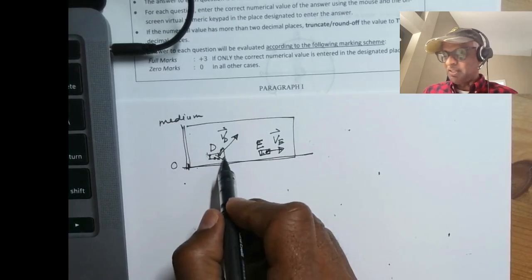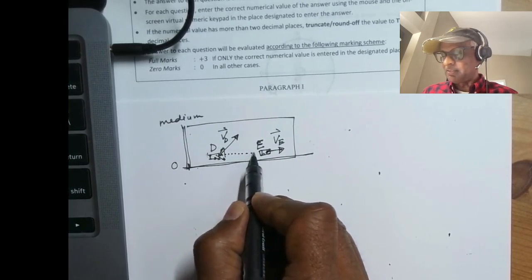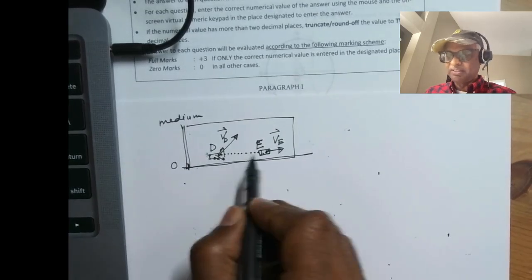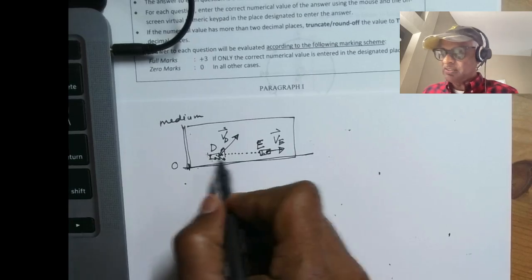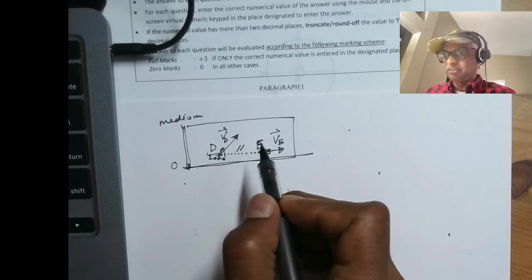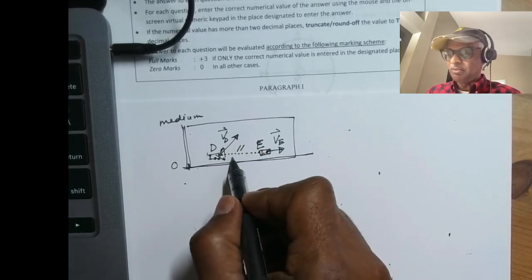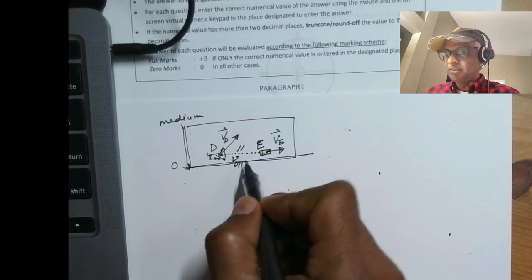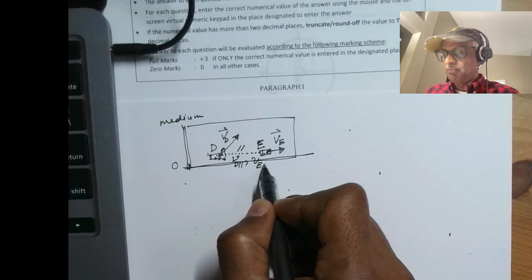What matters is this line of sight between them and the relative motion. This direction, we're going to call the parallel direction. So there will be VD parallel and VE parallel.